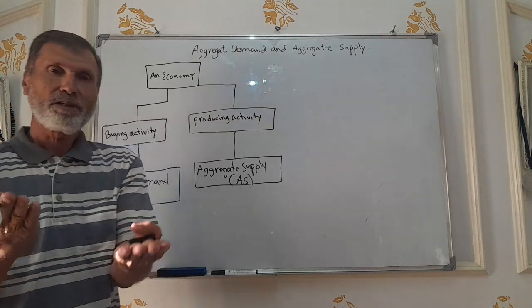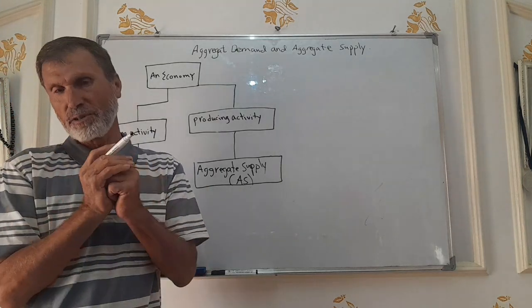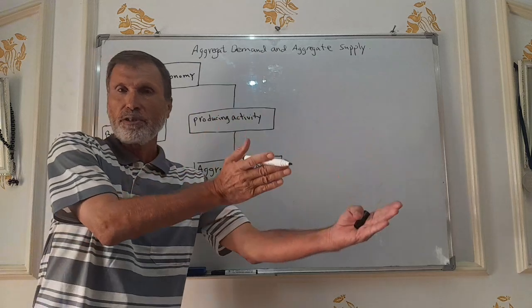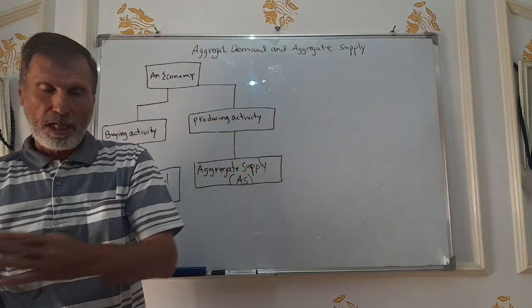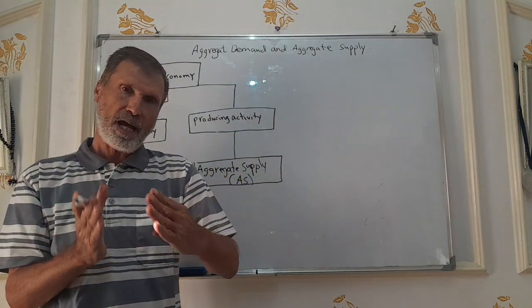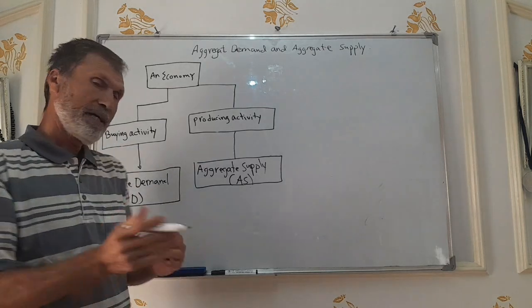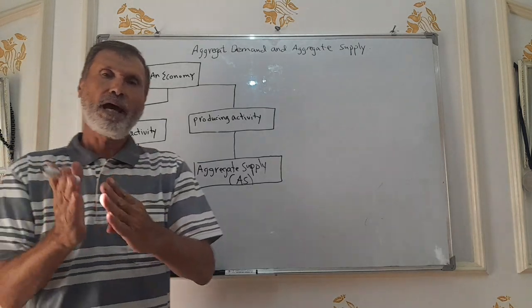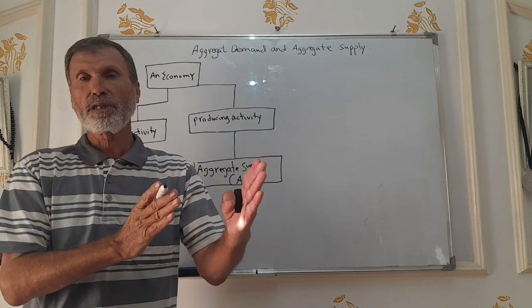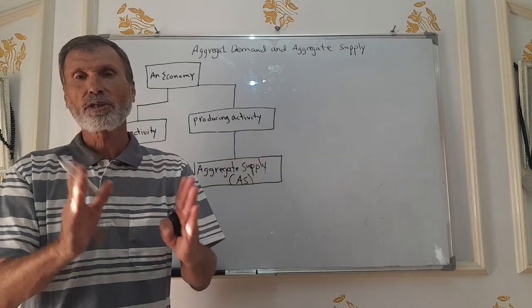However, we know that we have two time periods. We have the short run time period and we have the long run time period. Of course, the short run is the time period in which at least one input is fixed. So the aggregate supply that is related to the short run, we're going to call the short run aggregate supply.